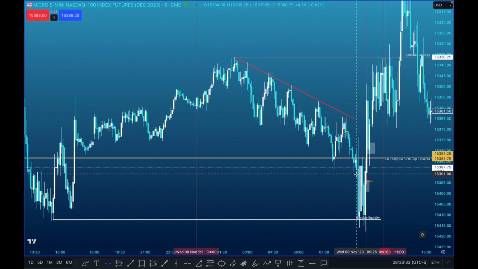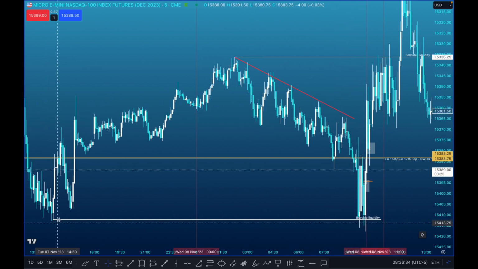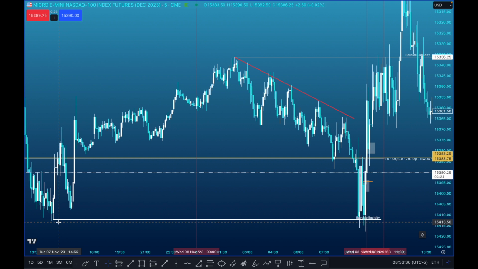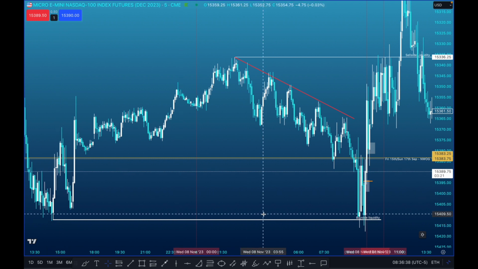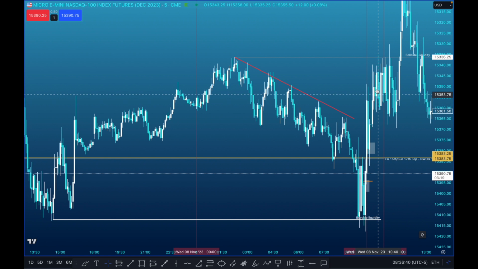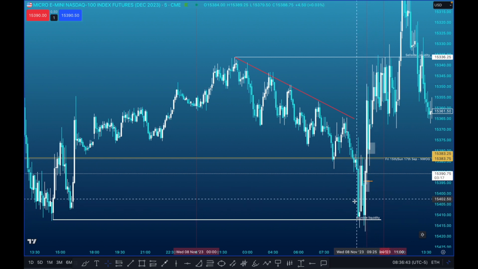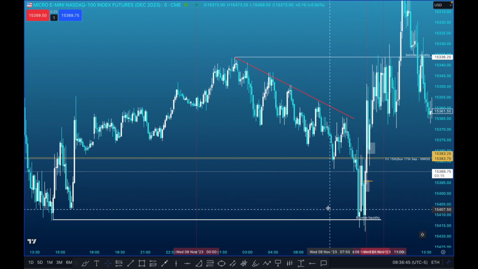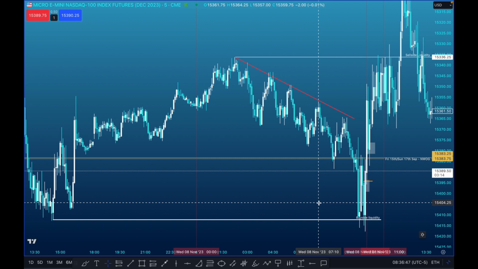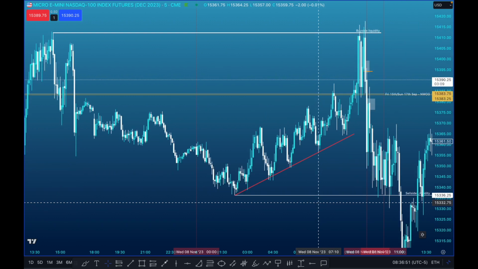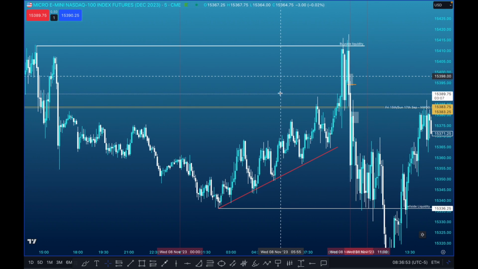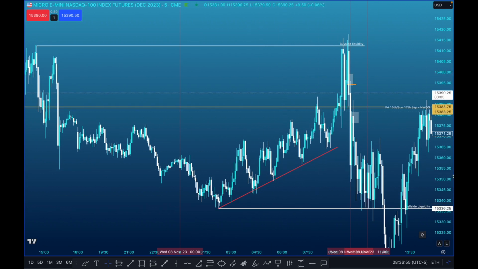We have the run and dump into what would be sell side if it was the other way around, and then the reverse on that. So I'd be going long if I was bullish in here. That's the chart flipped if it was a bullish scenario, and this is the original chart, if you're bearish.